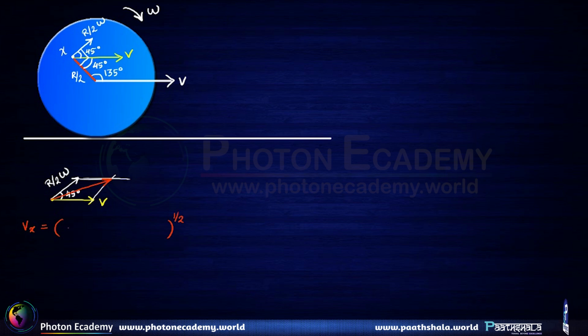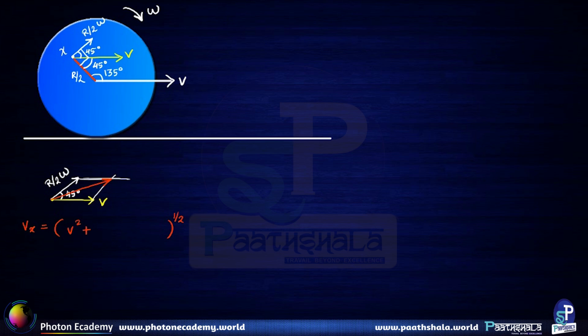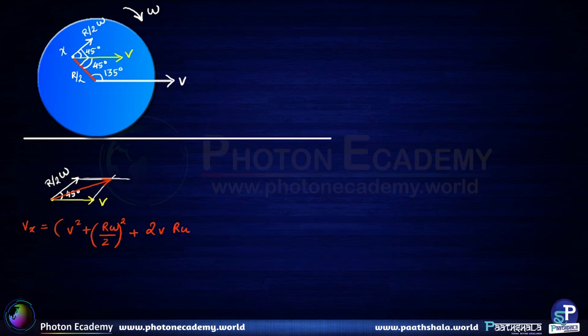In the bracket I get v square plus (r omega by 2) the whole square plus 2 v (r omega by 2) cos 45, raised to half. Now physics of this question ends over here.